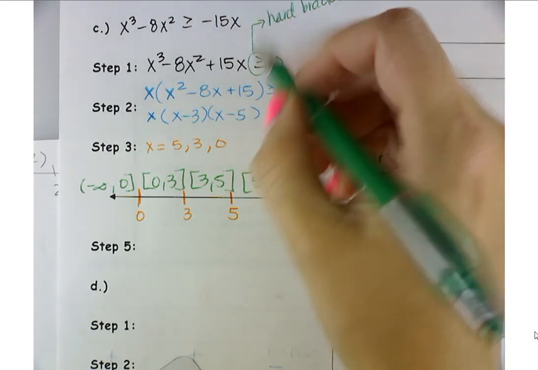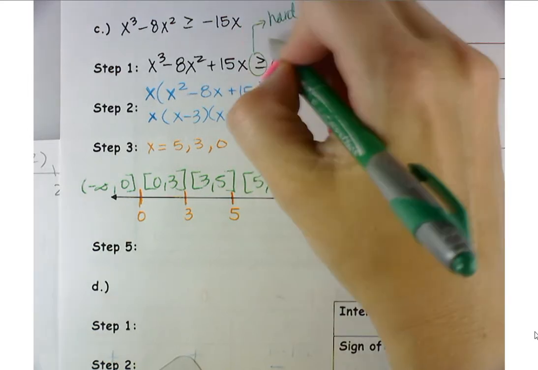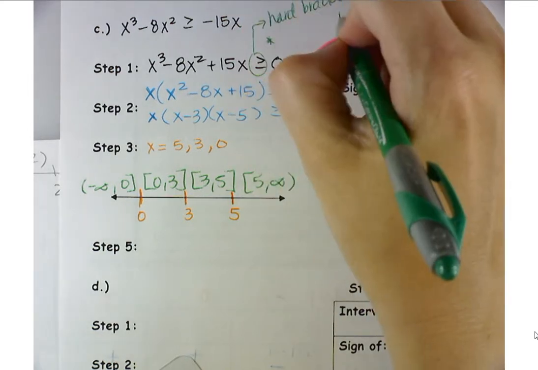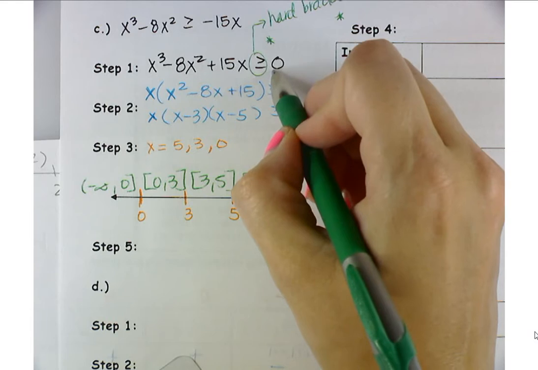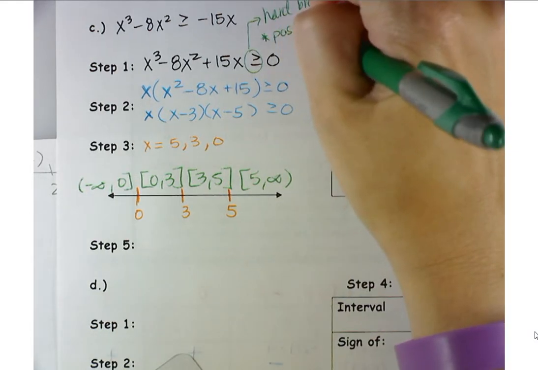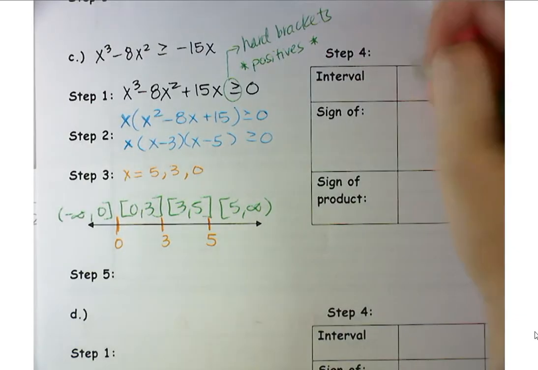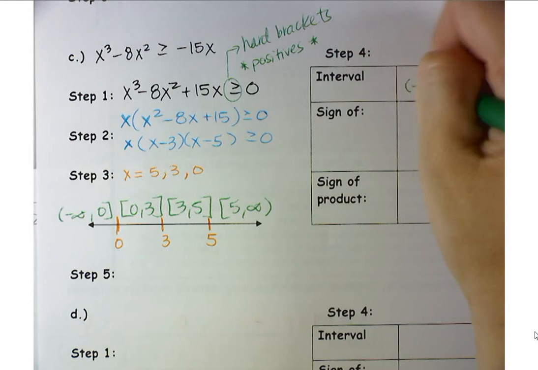And at this point, you can also tell me, right, are you looking for positives or negatives? If it's greater than or equal to 0, positives. Okay, so then we're going to write our intervals across the top.